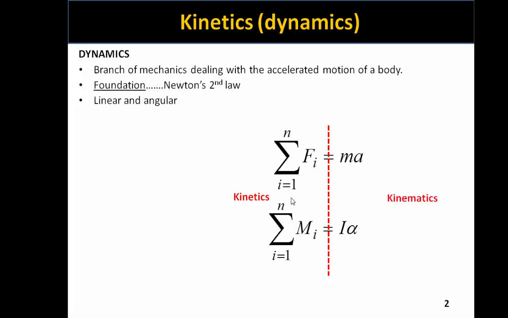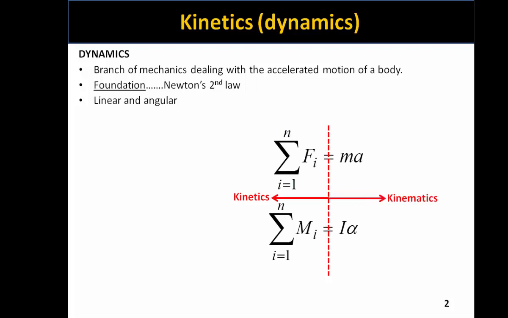The left-hand side depicts the kinetic side, and the right-hand side depicts the resulting action of the sum of the forces or the sum of the moments, which will cause an object of a particular amount of mass to experience a change in its velocity, a time rate change in its velocity, which is acceleration.